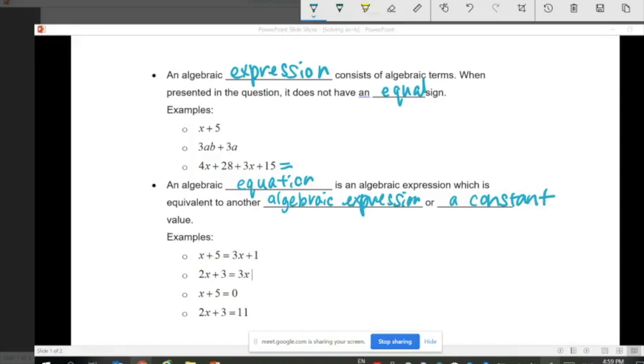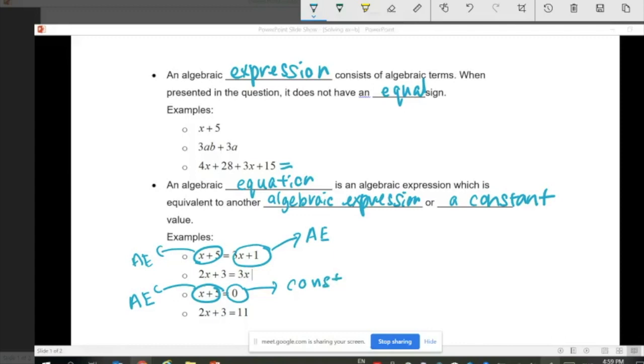For example, this algebraic expression here is equal to another algebraic expression. This algebraic expression here is equal to a constant. 0 is a constant. So all these are algebraic equations.